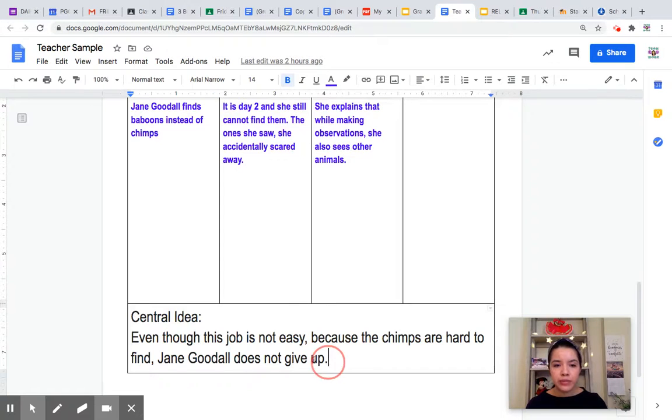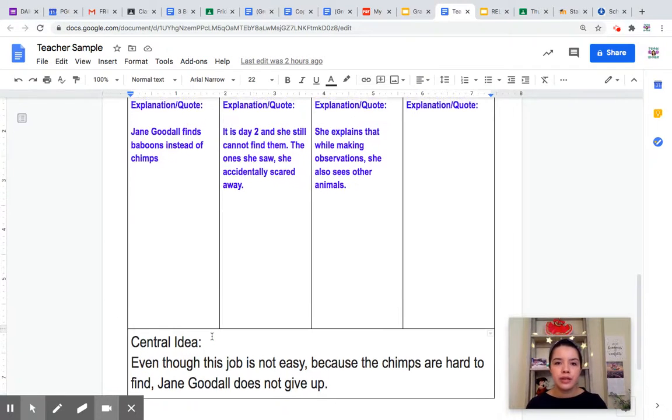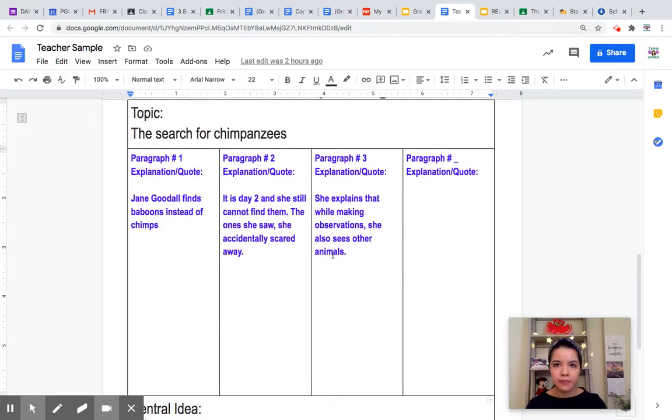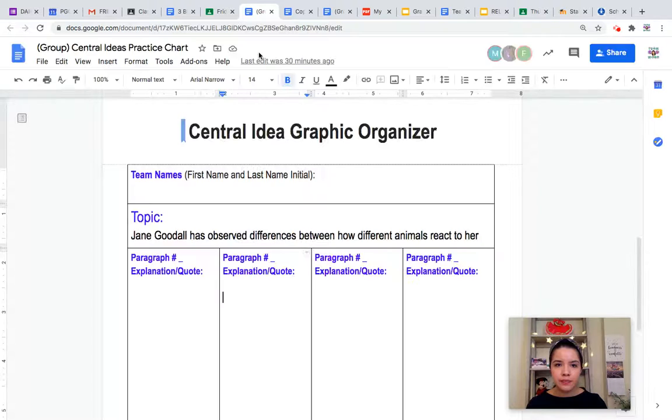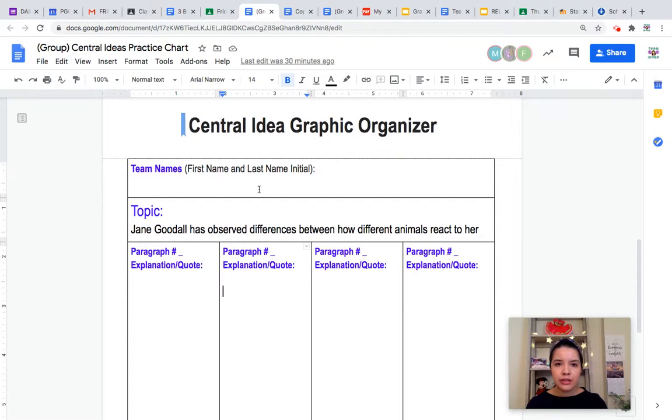Now, there are many ways we could have said the sentence. It could have been a different way. Remember, that's okay. Central ideas can look a little bit different. All right, now this is just one example, right? For your class, what we did is that we shared this example. So you guys have a different topic. Your topic was Jane Goodall has observed differences between how different animals react to her.